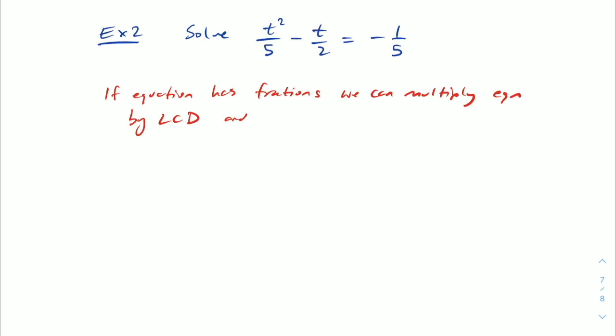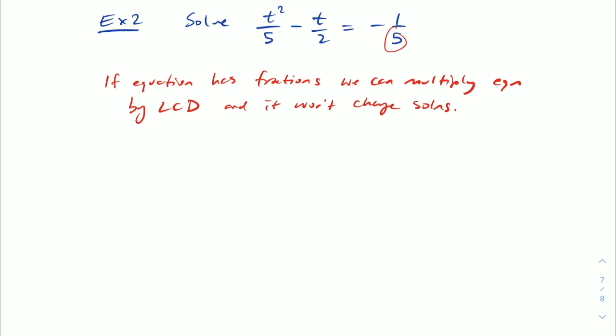And it won't change the solutions. Okay, so the least common denominator of 2 and 5 is 10. The LCD is 10. So we're going to multiply this equation by 10. Every term's going to get multiplied by 10.